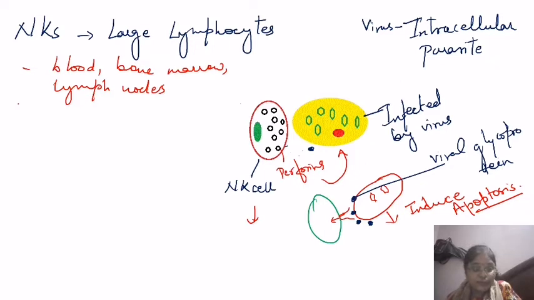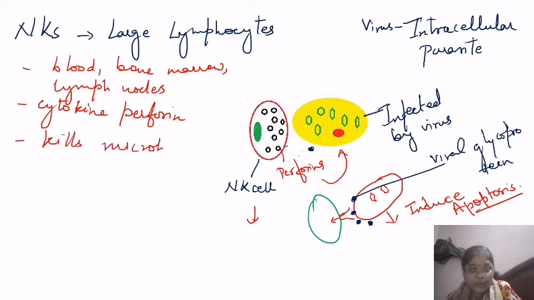And as we have seen, they secrete a kind of cytokine, perforin, which causes the lysis of the cell and kills microbes. Suppose there is a microbe around, suppose this is a bacteria.